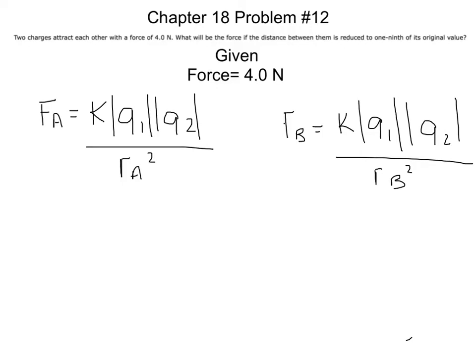So as you can see, in these two equations, they're somewhat the same except for RA and RB. So RA, as I said before, represents the original along with FA, and FB is what we're trying to find. RB represents the distance.